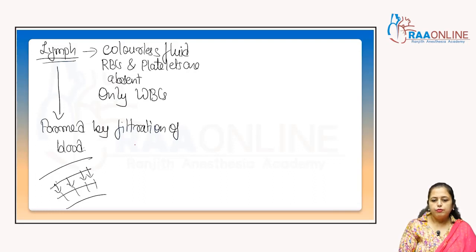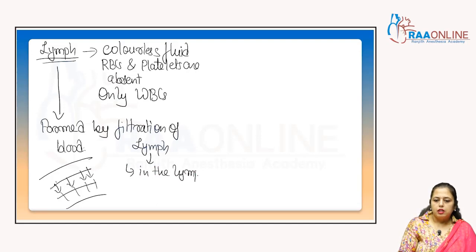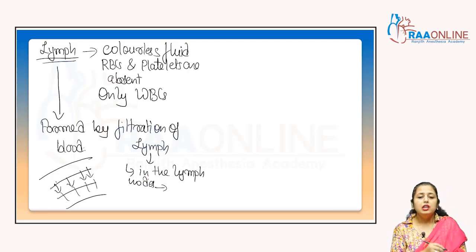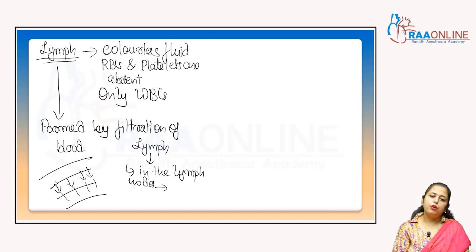When that lymph enters the lymph nodes, what will happen? Here, by the absorption of water and some nutrients, the lymph gets concentrated, and when bacteria or microorganisms come in contact with the lymphocytes, the WBCs attack and destroy them, right?